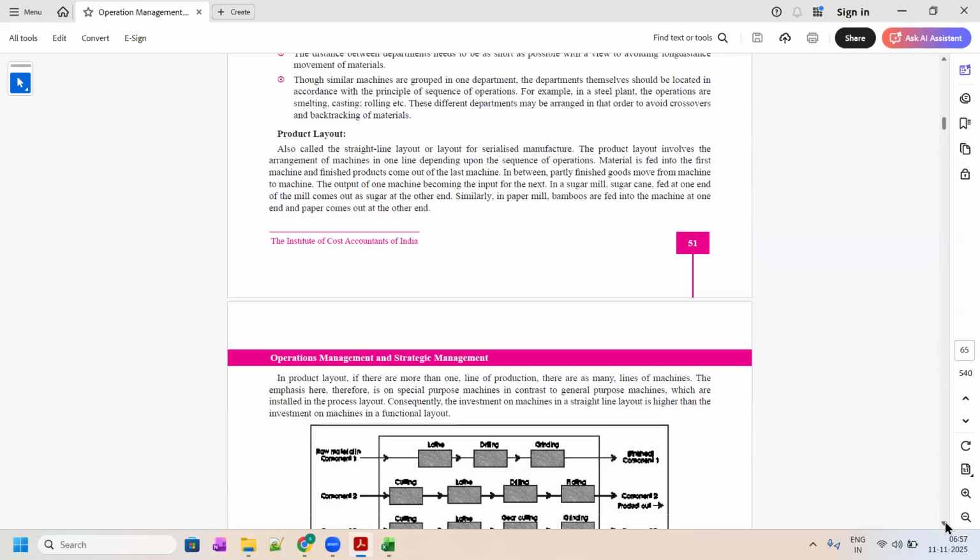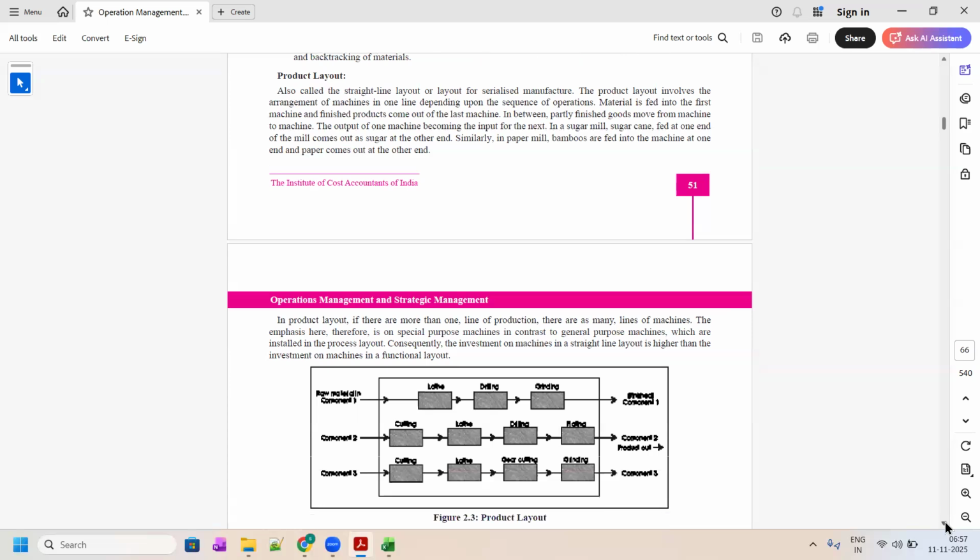It's a simple layout model where, depending on the operation, suppose you need to do first loading, then drilling, and then grinding, you put the machines for loading first, followed by drilling, followed by grinding. So depending upon the processing, that way we arrange the machines. That is what we do in the case of product layout.